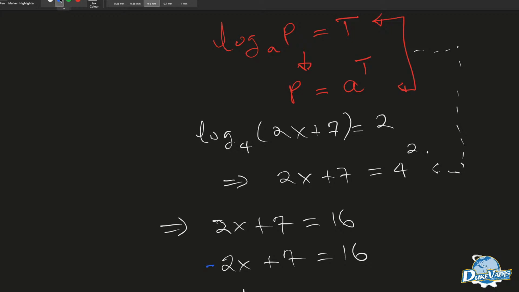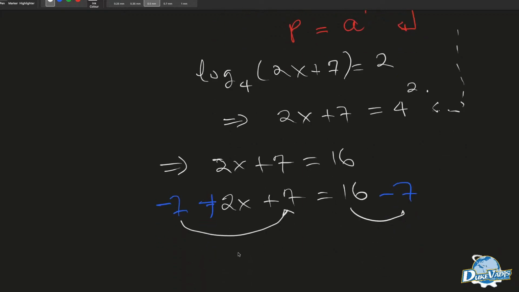So our equation will become 2x equals 16 minus 7, and that will give us 9.